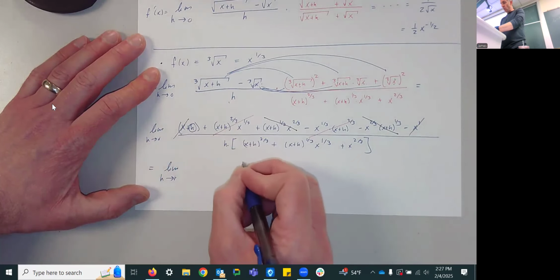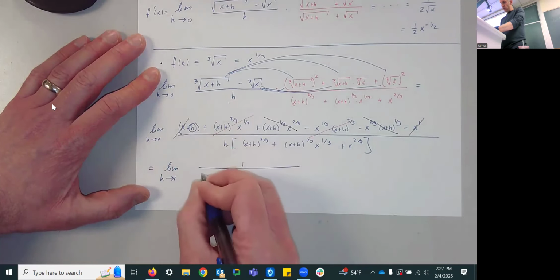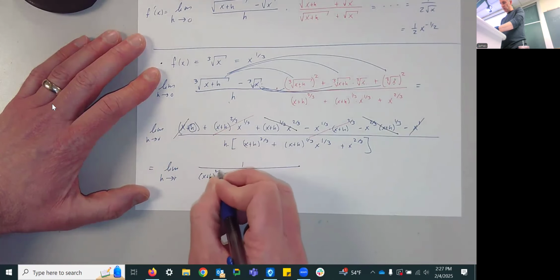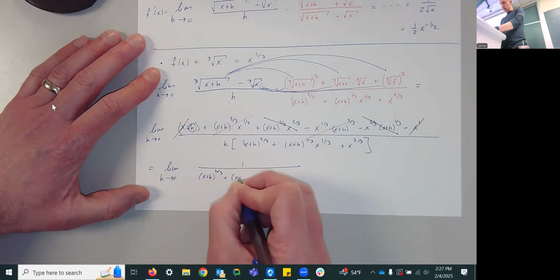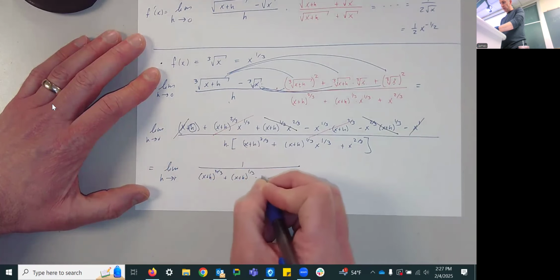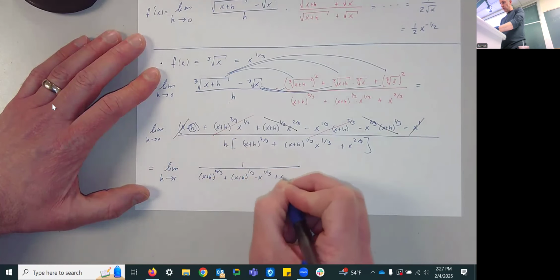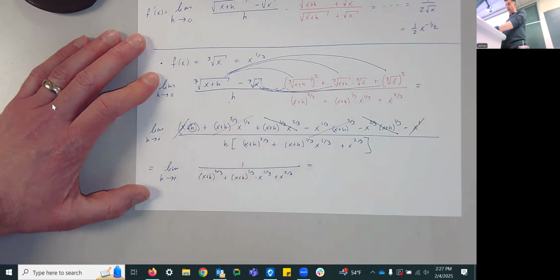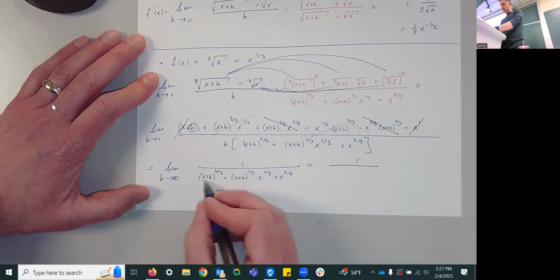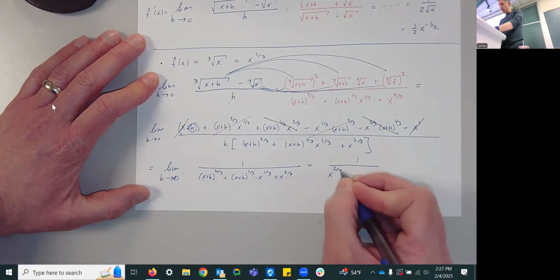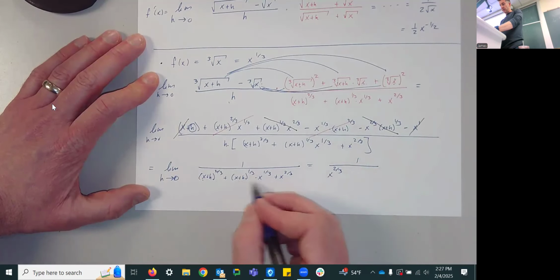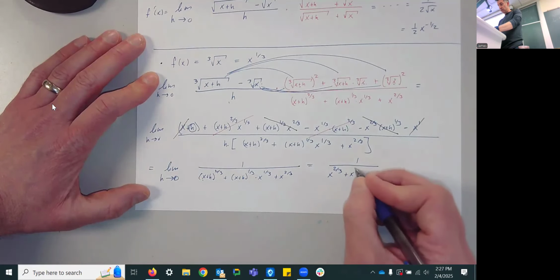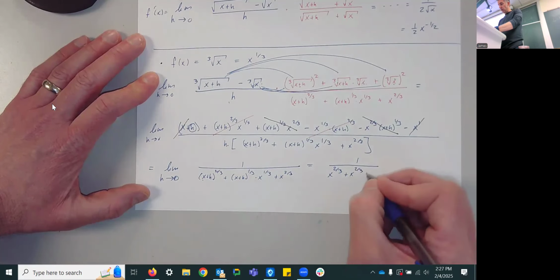So we really have 1 over x plus h to the 2/3 plus x plus h to the 1/3 times x to the 1/3 plus x to the 2/3. Letting all the remaining h's go to 0, we get 1 over x plus 0 to the 2/3. X plus 0 to the 1/3 times x to the 1/3 is x to the 2/3. And another x to the 2/3.